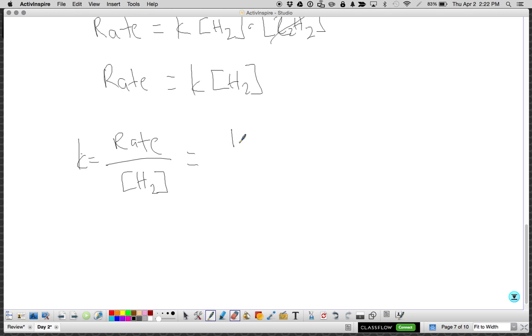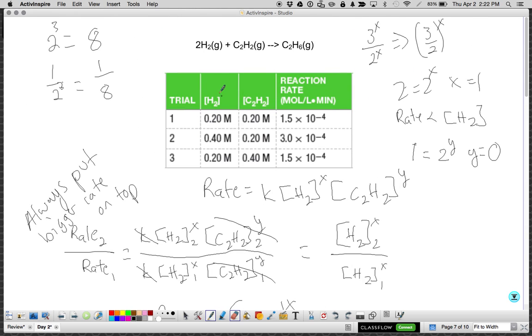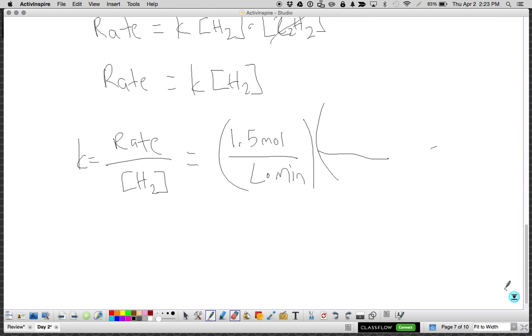From the first experiment, that's 1.5 times 10 to the minus 4 moles over liters times minutes, and the concentration of H2, oh boy, they didn't put the units in, but this is moles per liter.